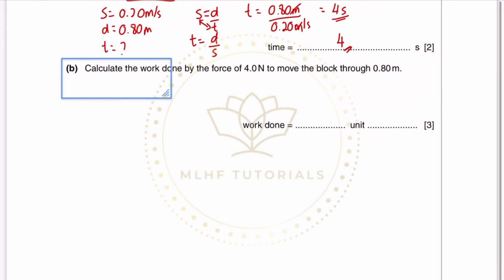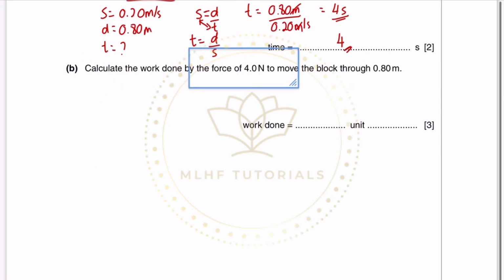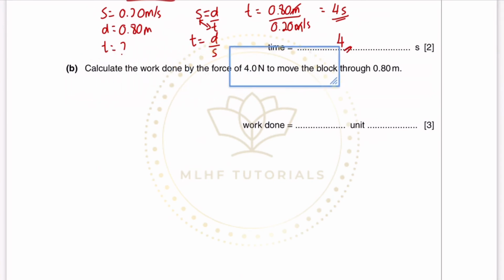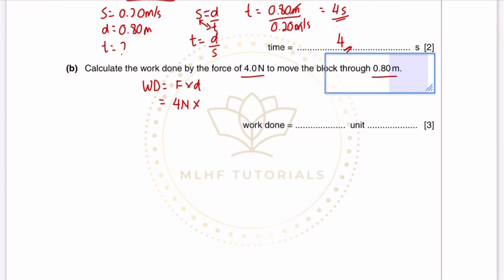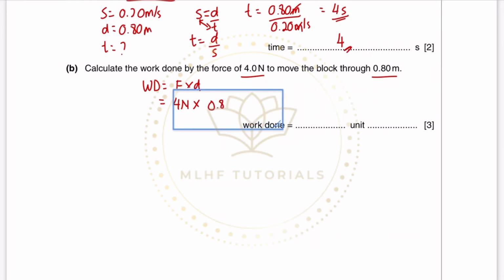Okay, now next, calculate the work done by the force of 4 newtons to move the block through 0.8 meters. Okay, recall the formula. Work done is equal to force times distance. We know the force is 4 newtons. Substitute in 4 newtons. You have distance is 0.8 meters.